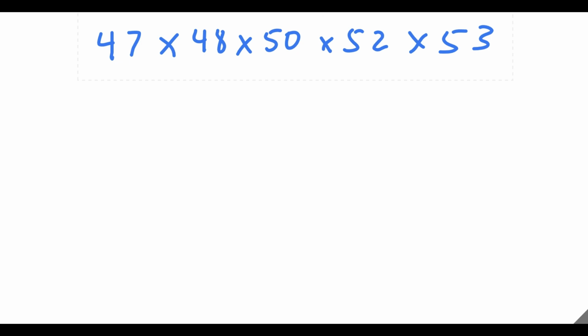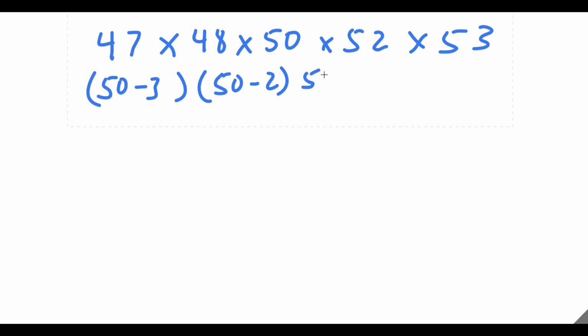Alright, so before, remember, we used 100 for all the terms, but now we're going to use 50. So 47 is 50 minus 3, times 48, which is 50 minus 2, times 50, which is simply 50, times 50 plus 2, and then times 50 plus 3.